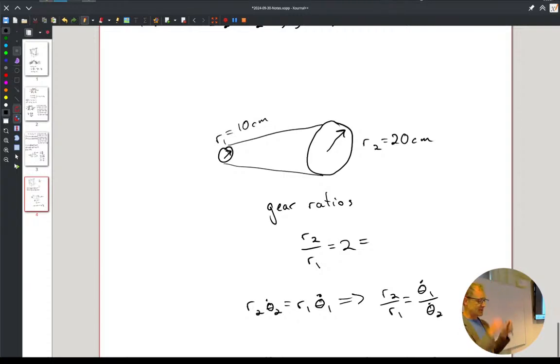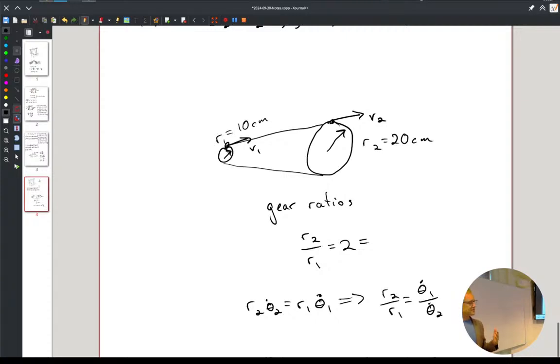Like the connecting part, this velocity and that velocity. In order for the chain to remain tight, those two velocities have to be equal to each other. And in order for that to be true, R2 times theta dot has to be R1 times theta dot 1.